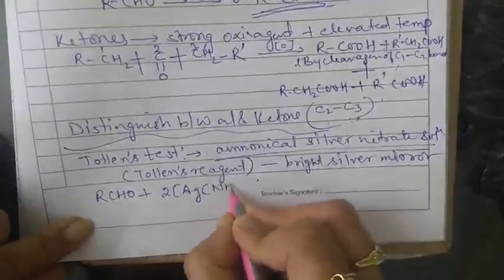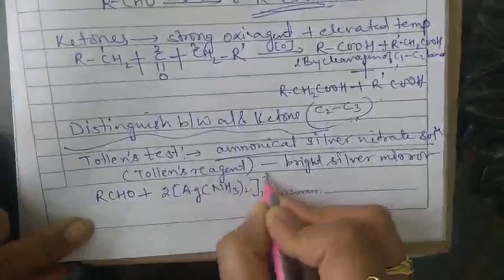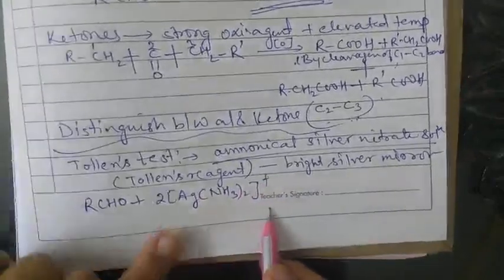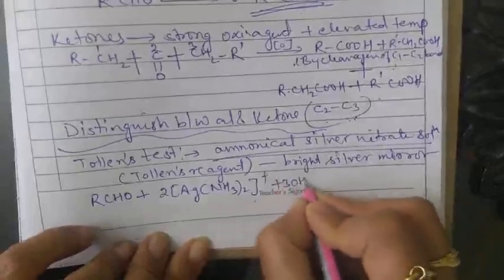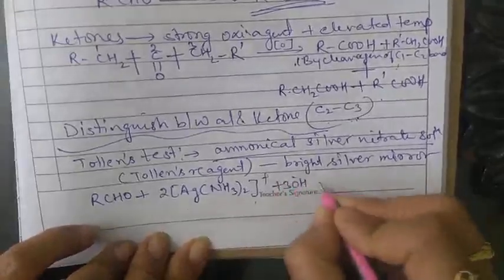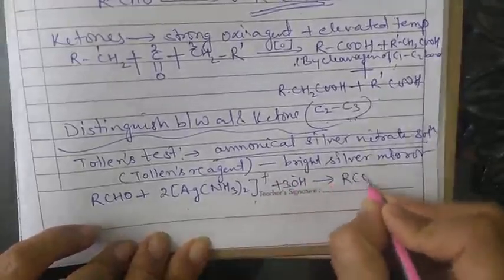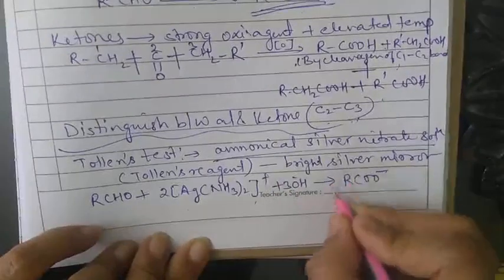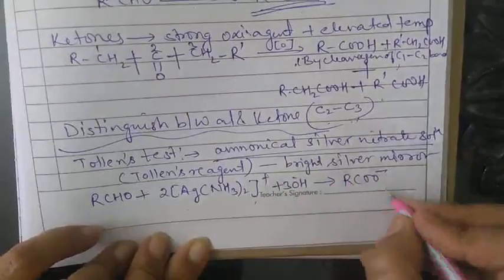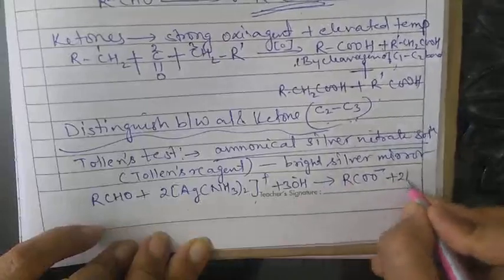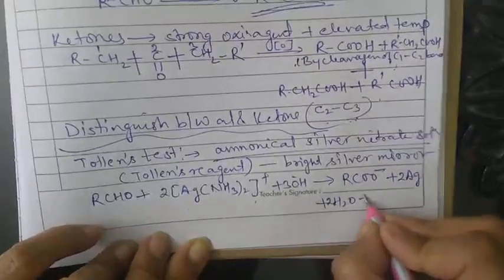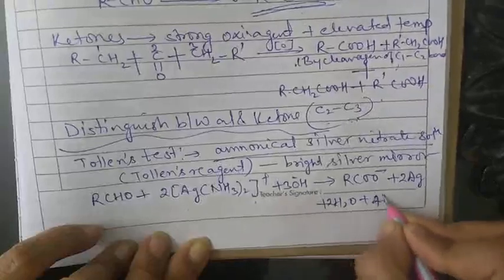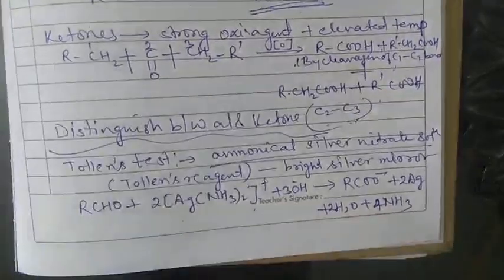So this is the reaction, plus 2[Ag(NH3)2]+, this is the formula for the Tollens reagent, plus 3OH minus. We get RCOO minus, the carboxylate ion, plus 2Ag plus 2H2O plus 4NH3, ammonia.